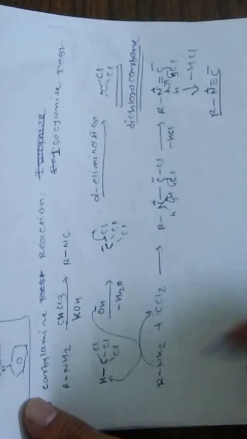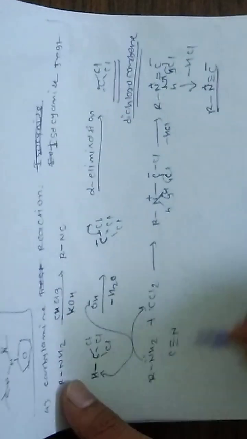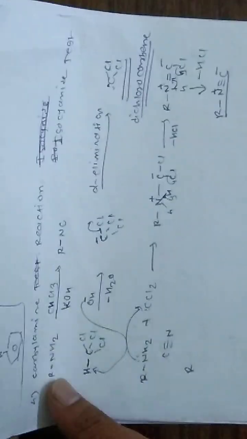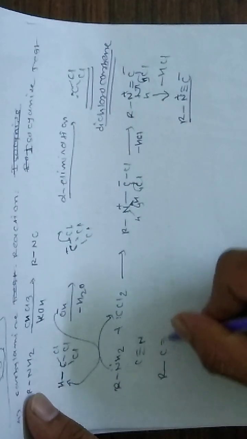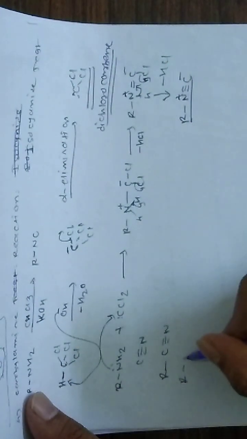So let here be two types of C triple bond N groups in the reaction. One is cyanide and another is isocyanide.